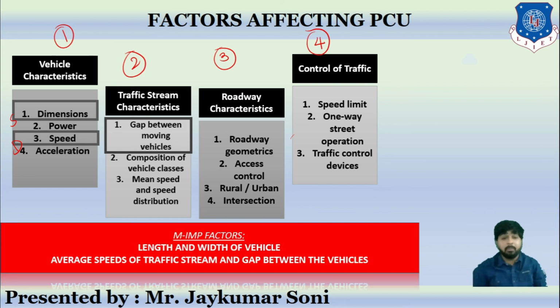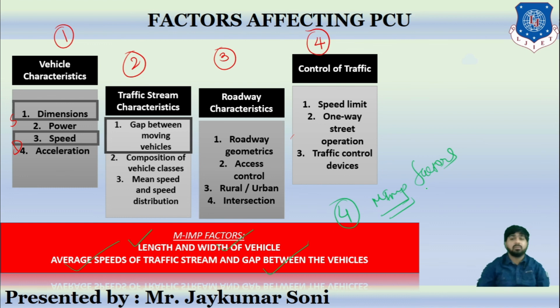If we discuss the important factors, then the length of the vehicle, width of the vehicle, average speed of the traffic stream, and gap between the vehicles. These are the four most important factors that affect the PCU. So this is about it.